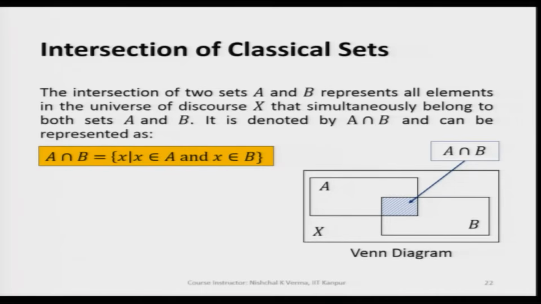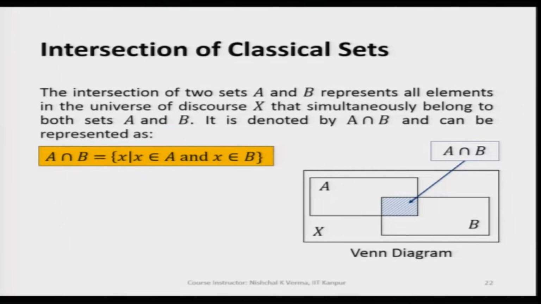Now, let us discuss the intersection of two fuzzy sets. Before we move to the intersection of fuzzy sets, let us first understand what happens in the intersection of classical sets.